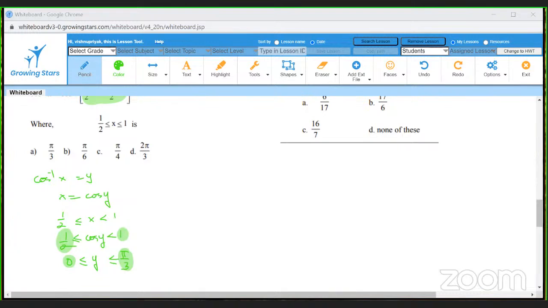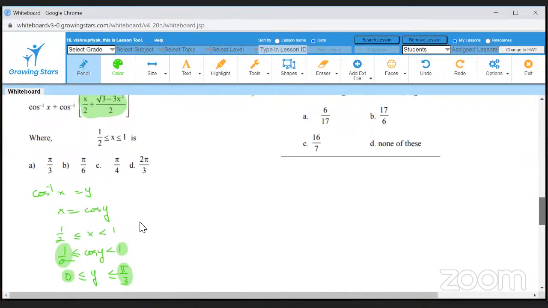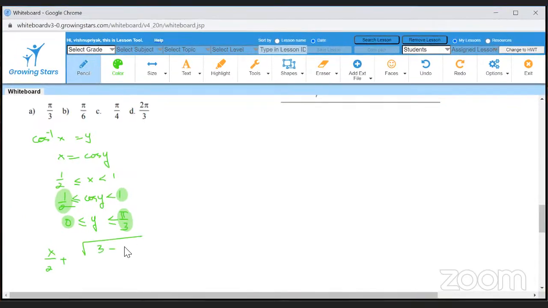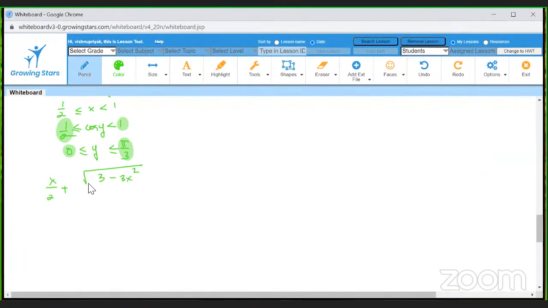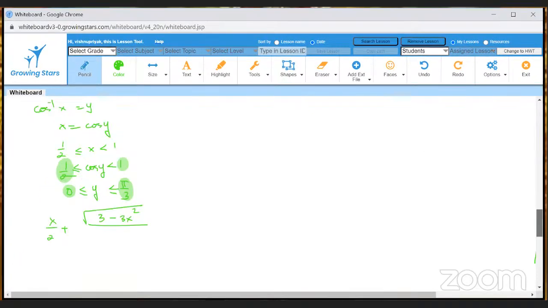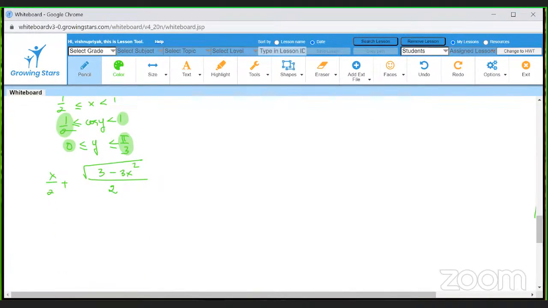So because y is in between 0 and pi by 3, now how can I write the big one? X by 2 plus square root of 3 minus 3x square by 2, a very big expression which is given here. This entire thing we have to make it small. How to make it small?